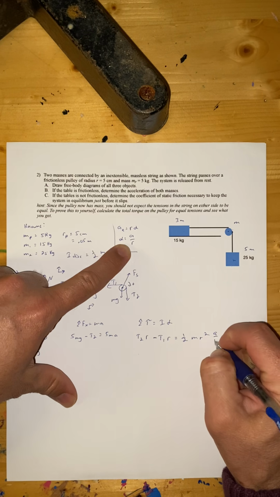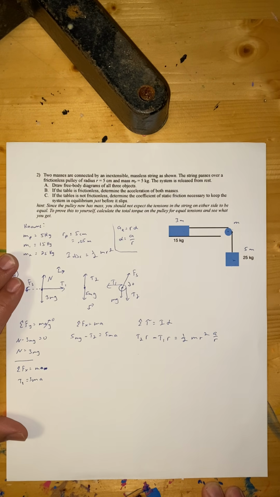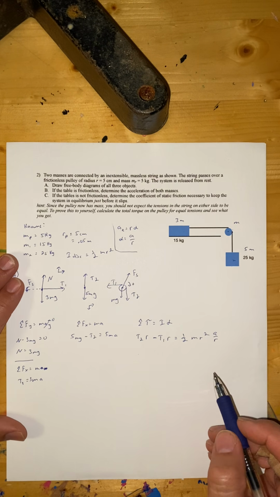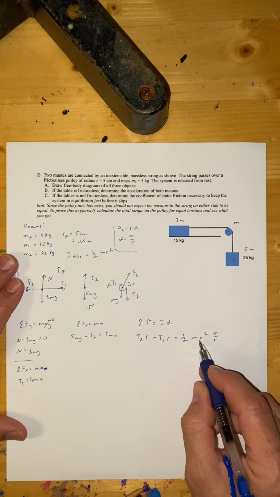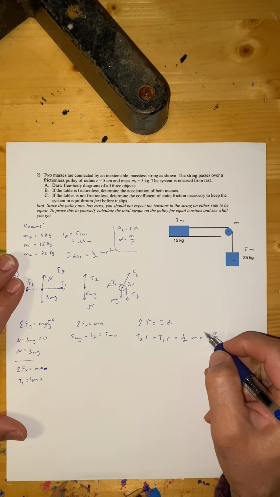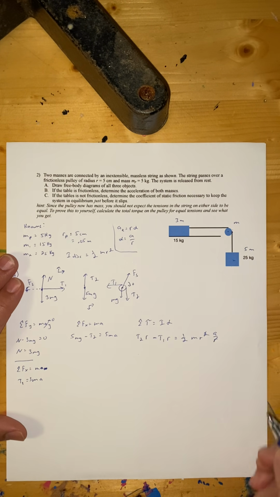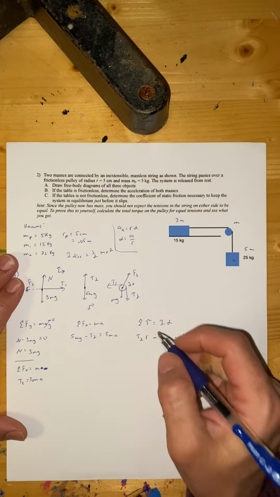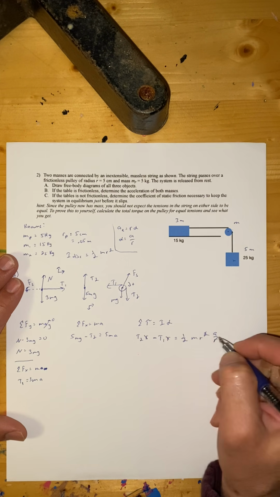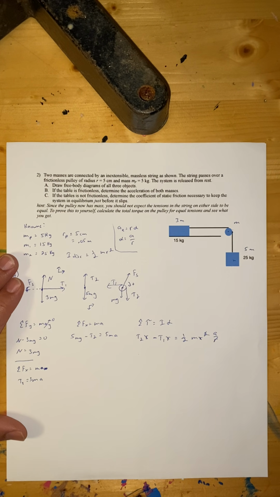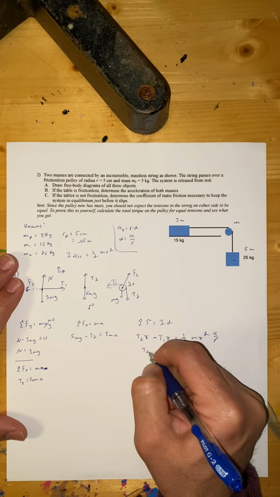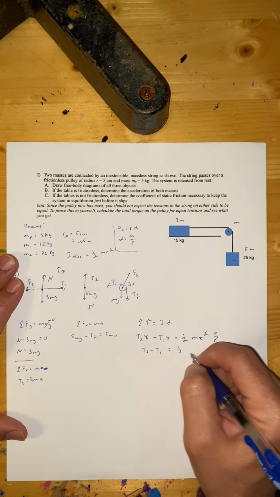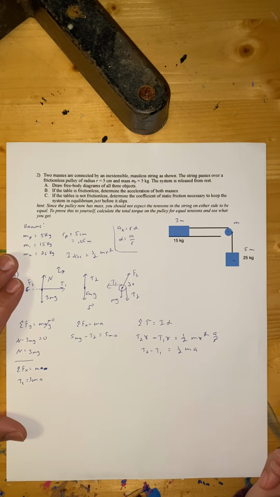So that's a over R. Now, let's clean this up a little bit. I've got an R squared here and an R here, so I lose that and that. I've got an R now in every term, so I can lose the rest of the R's. And I'm left with T2 minus T1 is equal to 1/2 ma.